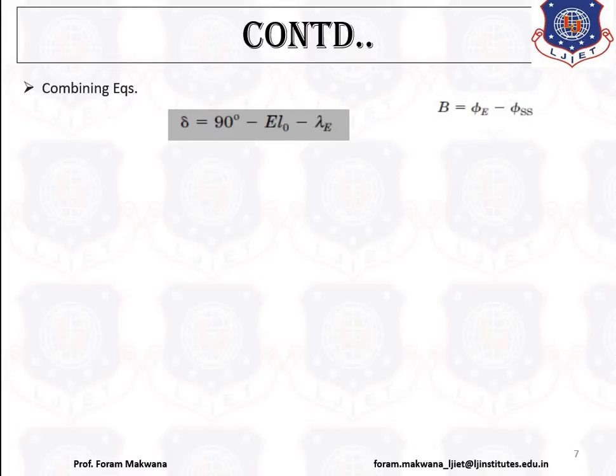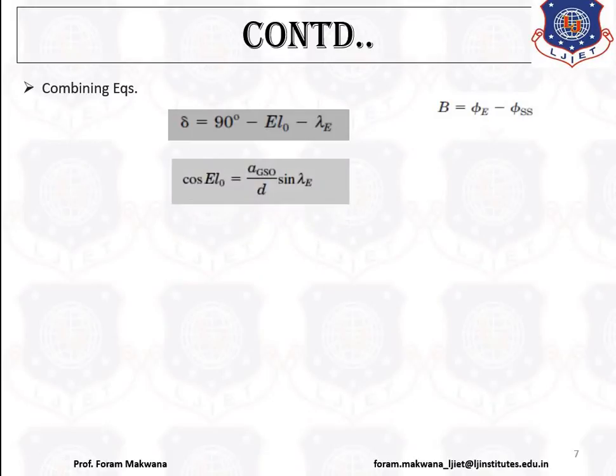And we know that the value of capital B, which is phi E minus phi SS, we have already discussed while calculating the azimuth angle. Phi E stands for the longitude of the earth station and phi SS stands for the longitude of the subsatellite point.